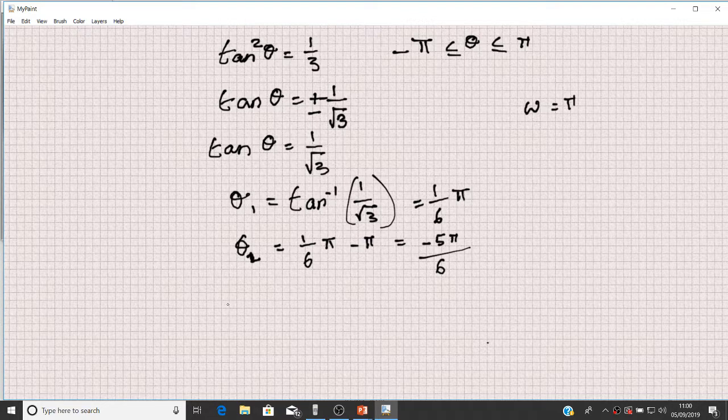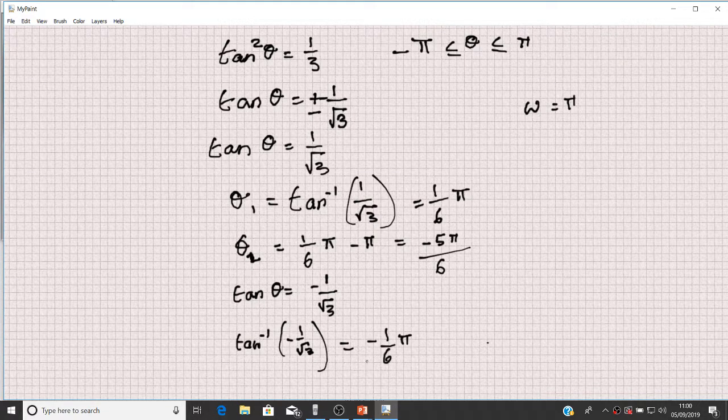Now I have to also take into account tan theta equals negative 1 over root 3. And if I look at tan minus 1 of negative 1 over root 3, I will get minus 1 over 6 pi.